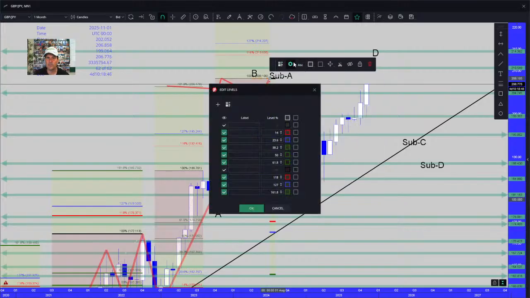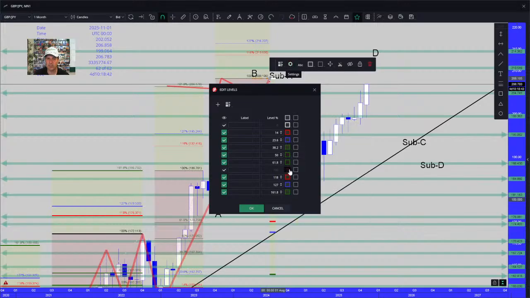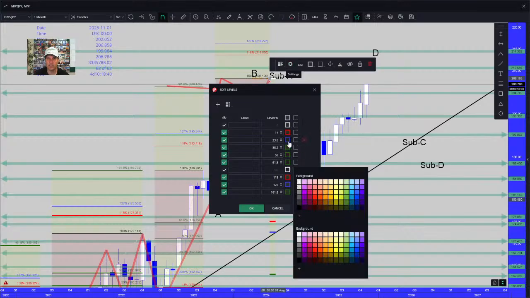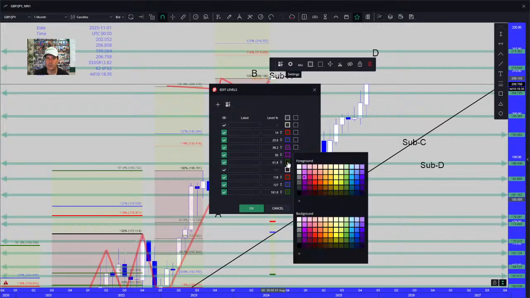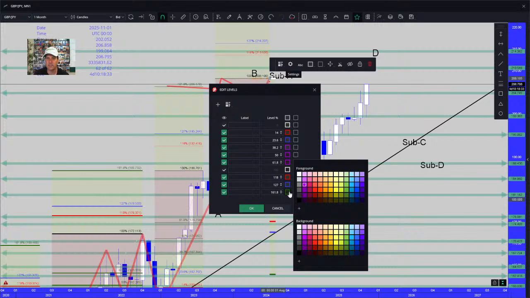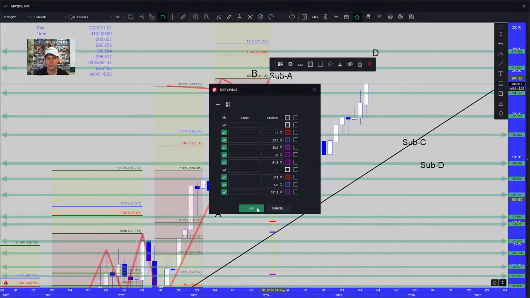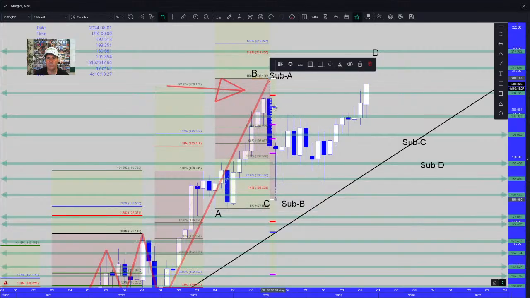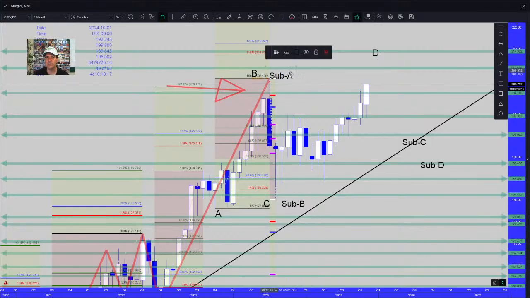It's going to be white, and we set violet, just as an example. We're going to say okay, and we're going to save this as a contrarian fibo, everybody. There you go.